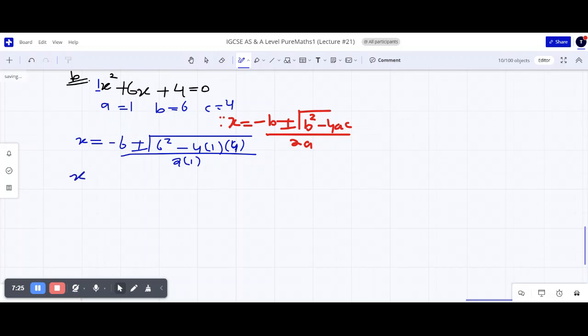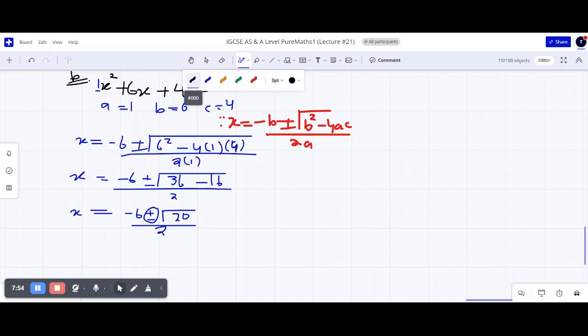So then x equals minus 6 plus minus the square of 6 is 36, minus 16, over 2. Further it would be minus 6 plus minus root 20 over 2. So we have two values, one positive and one negative.